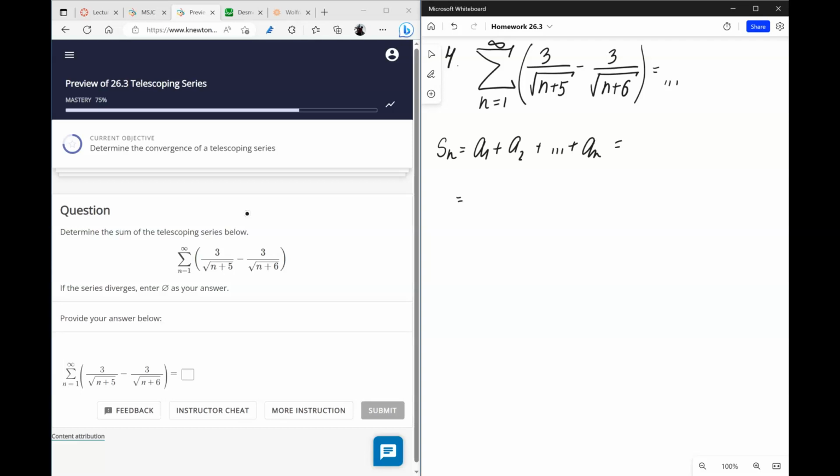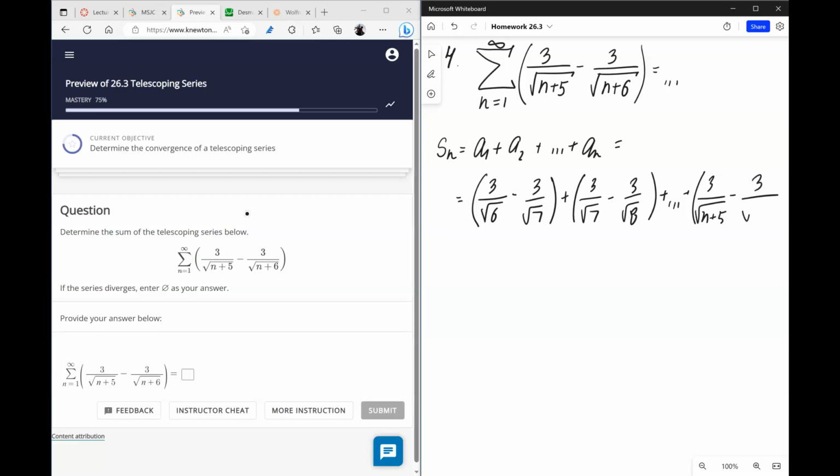The first element here is 3 over square root of 6 minus 3 over square root of 7. The second element is 3 over square root of 7 minus 3 over square root of 8. The nth term is 3 over square root of n plus 5 minus 3 over square root of n plus 6. Now, because it's telescoping, or this is what makes it telescoping, everything collapses.